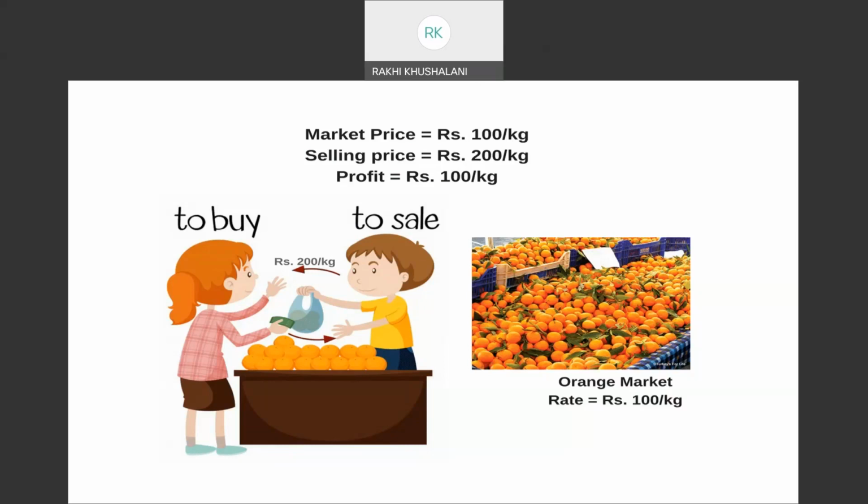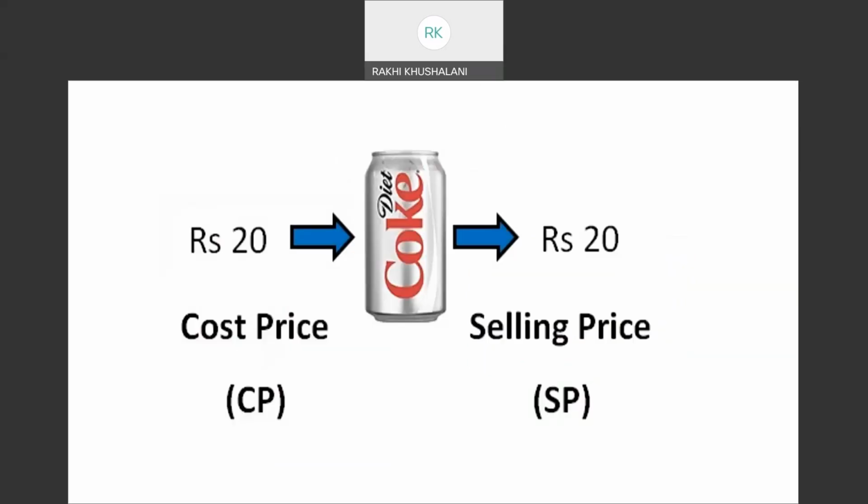Let's look at more examples. The cost price of the Diet Coke is rupees 20. That is what you see on the can. And you also pay rupees 20 to the seller, and that is your selling price. But that has not actually happened, because the shopkeeper buys in bulk.